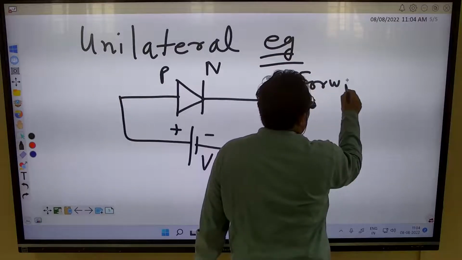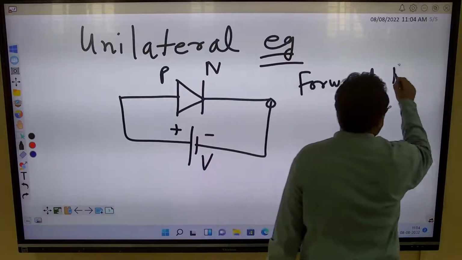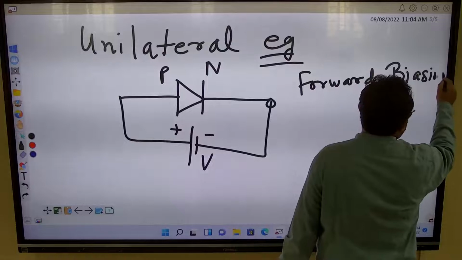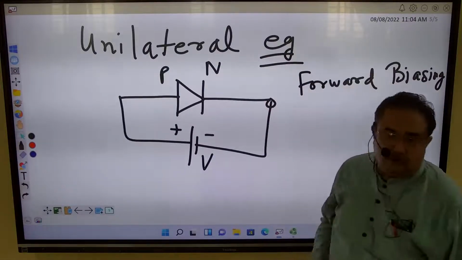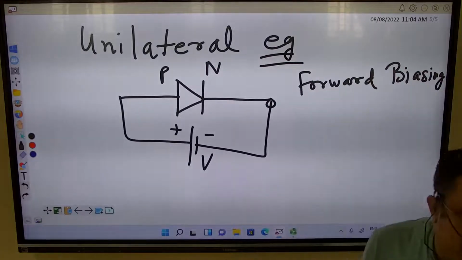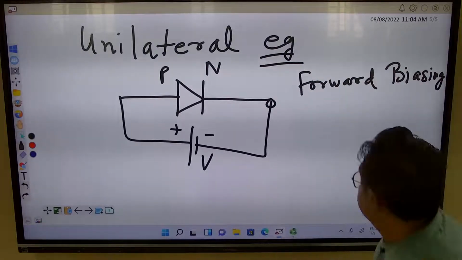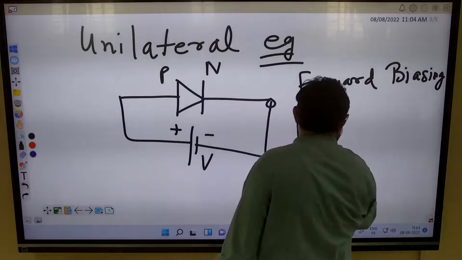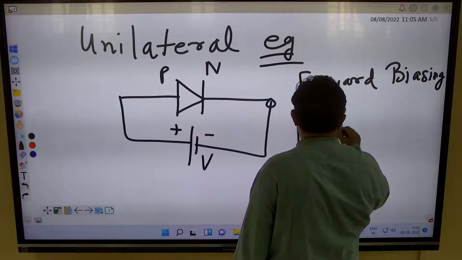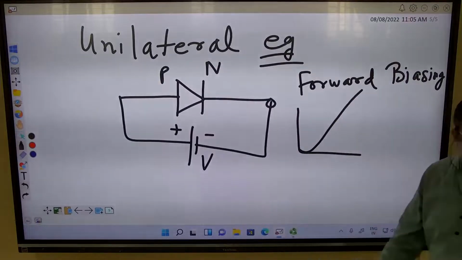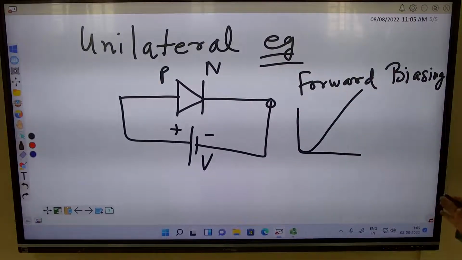Okay. Now, clear? So in the forward biasing, what is the VI characteristics of the diode? This type of there?